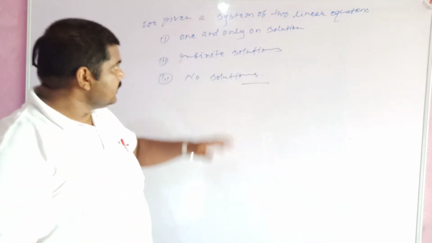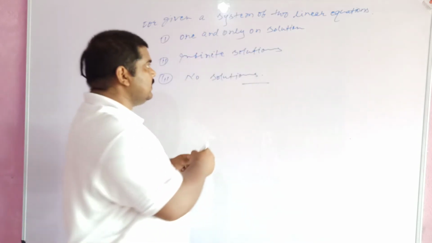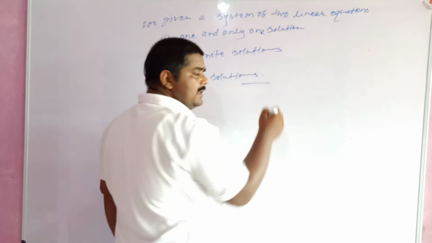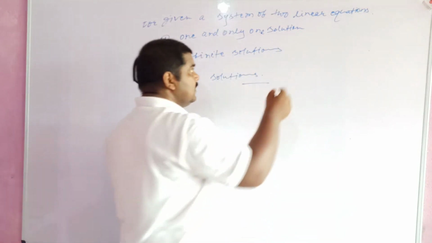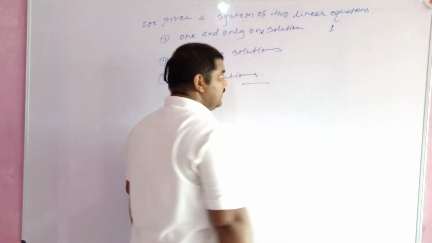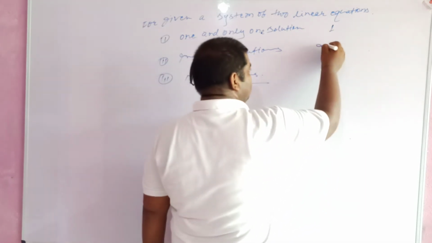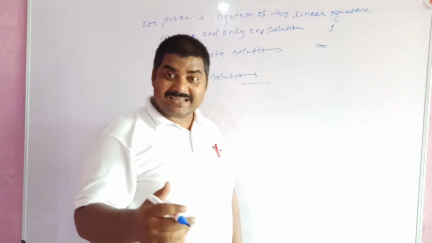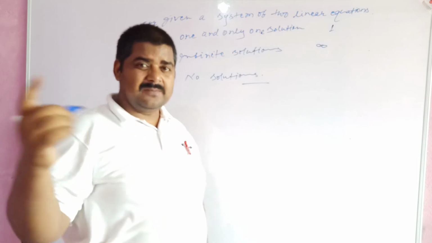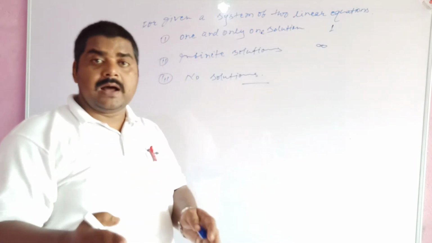So in both cases you can see there is one and only one solution. One solution is one possibility and the second is an infinite number of solutions, and you know that infinite starts with one because it has at least 1, 2, 3, 4, 5 to infinity. So it starts from 1.